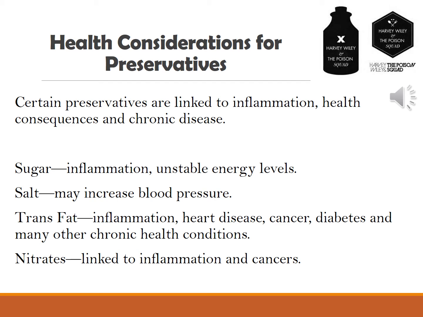Salt can increase our blood pressure. Trans fat is related strongly to inflammation, heart disease, cancer, diabetes, and many other chronic health conditions. Unfortunately, it will be phased out in 2018. And then nitrates, those are preservatives that are linked to inflammation and cancers.